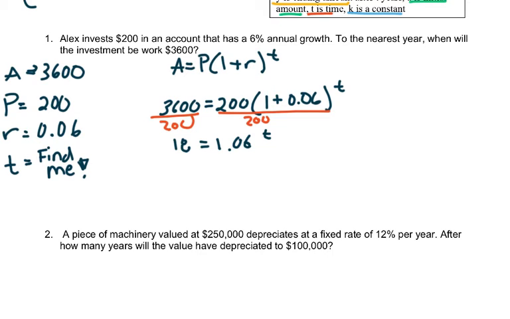Now here, what I like to do is I switch the sides. So 1.06 to the T equals 18. And the reason I do this is because our next step to get that exponent out is to write it in log form. And it's easier to write it in log form when your exponent is on the left.